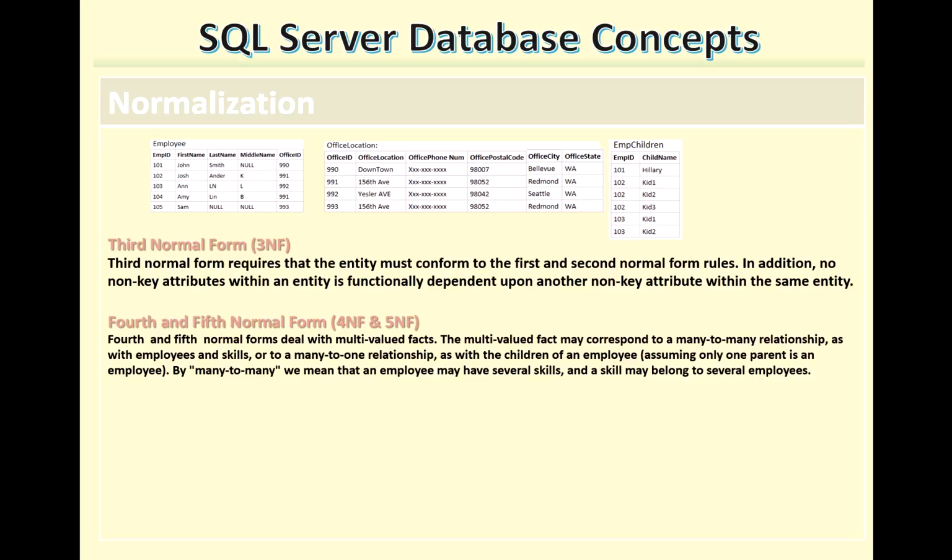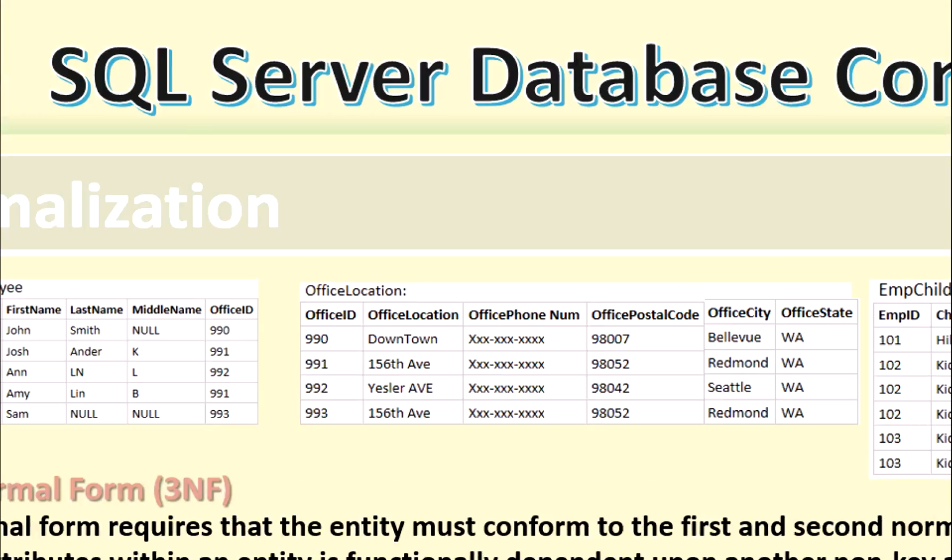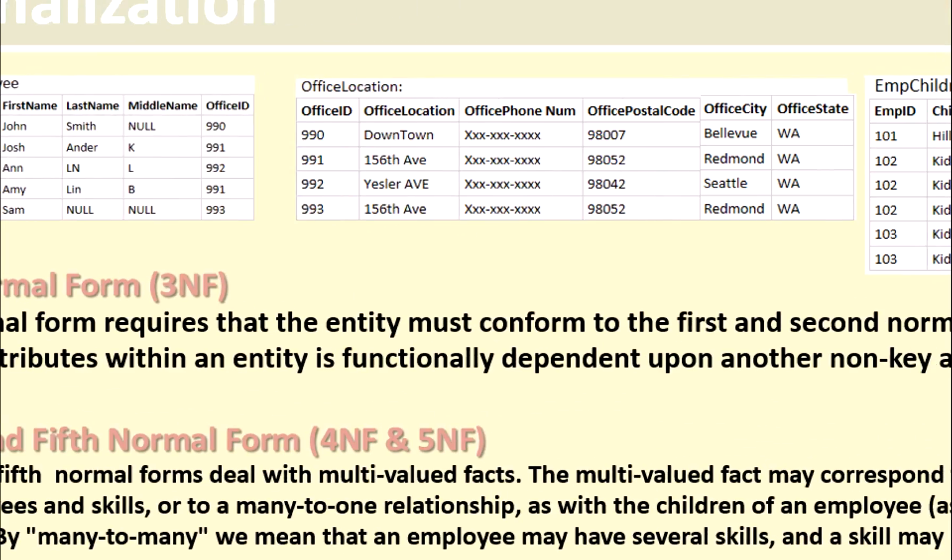It is similar to second normal form, but it says to further segregate the data. If any of the columns depend on non-key attributes, then move them out.